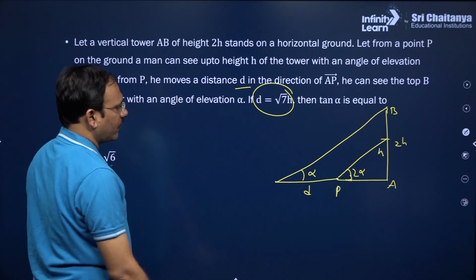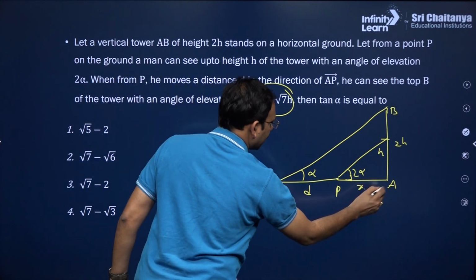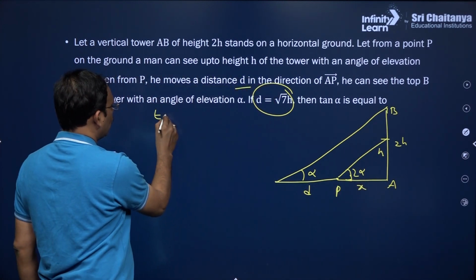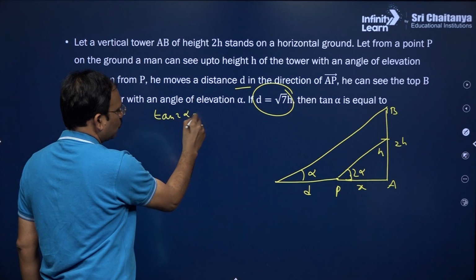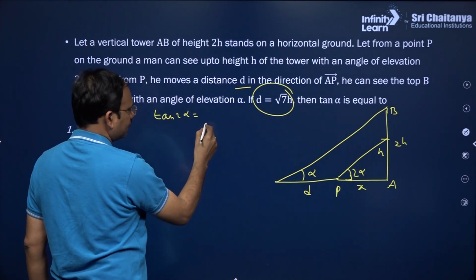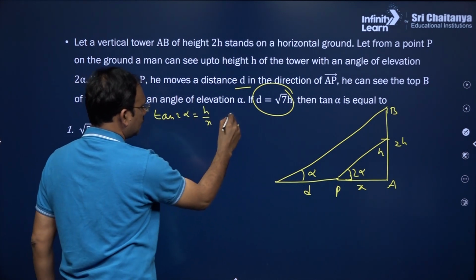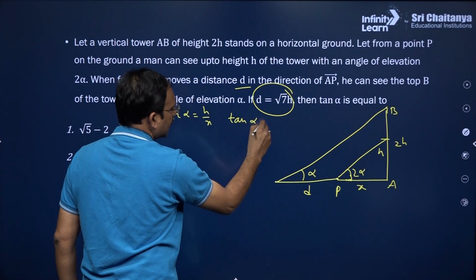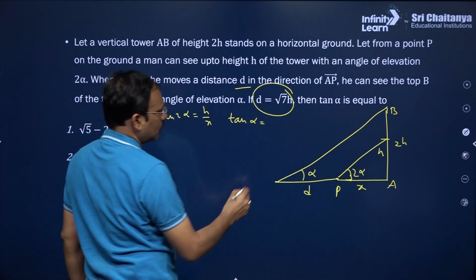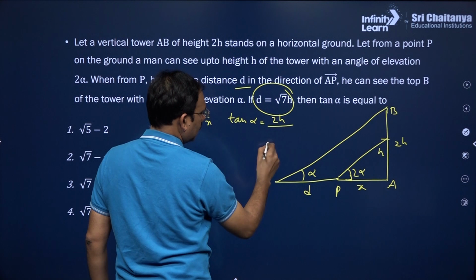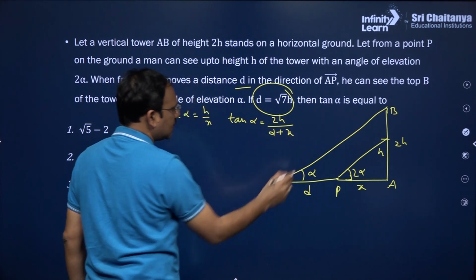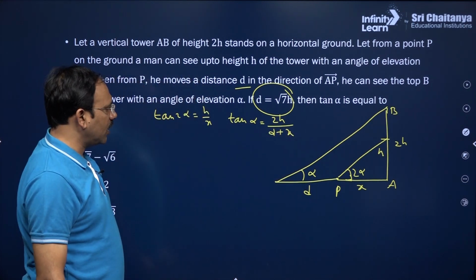Okay, fine. First thing here, let it be x, my dear friends. Tan 2 alpha is going to be h by x. Tan alpha I can say 2h by d plus x. X is the extra one, so you need to remove this.